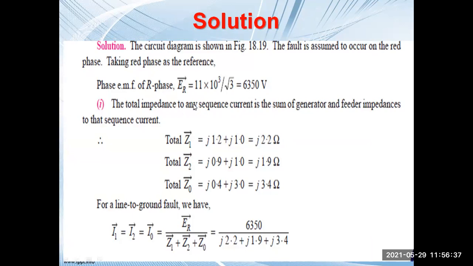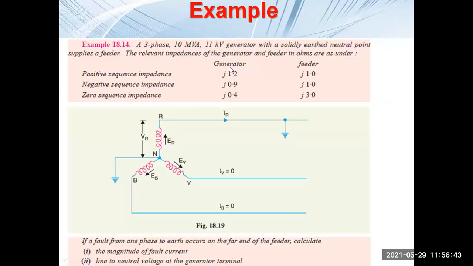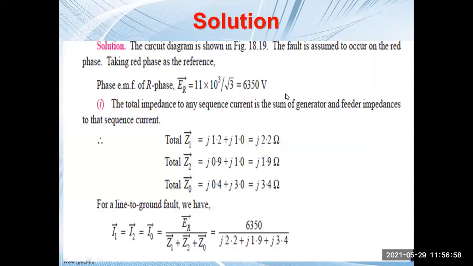Now the total impedances, for the generator and the feeder, because we have a generator impedance and a feeder impedance, so we'll add all these together. Positive sequence impedance of the generator plus feeder, negative sequence impedance of the generator plus feeder, and zero sequence impedance of the generator plus feeder.